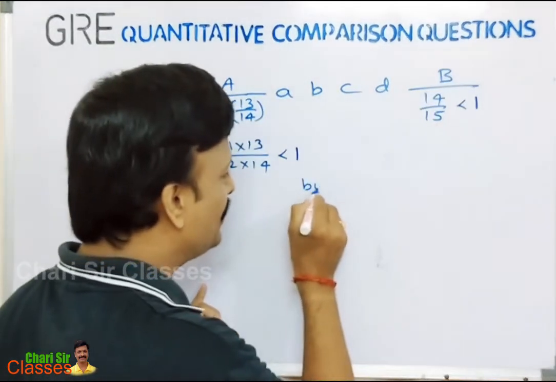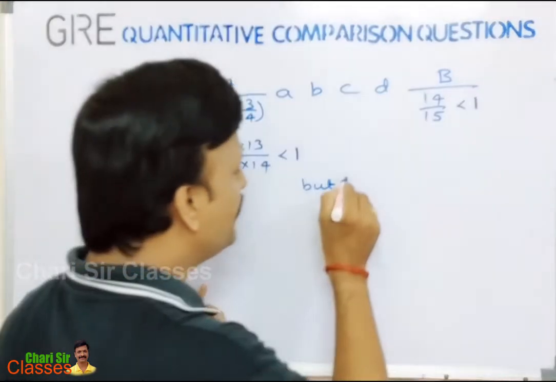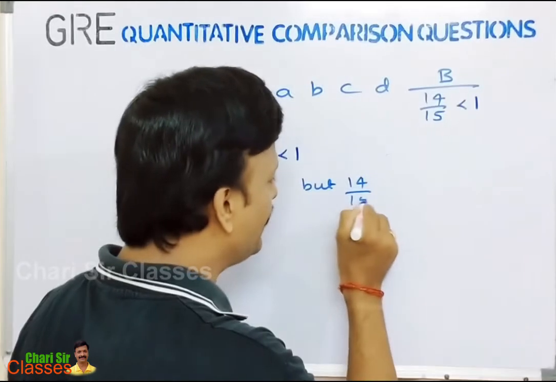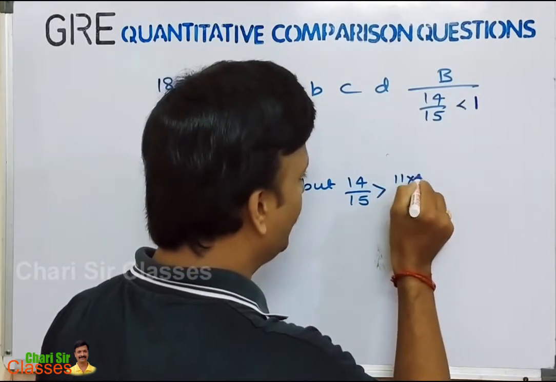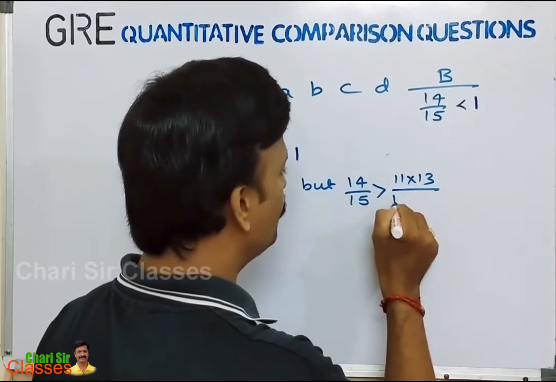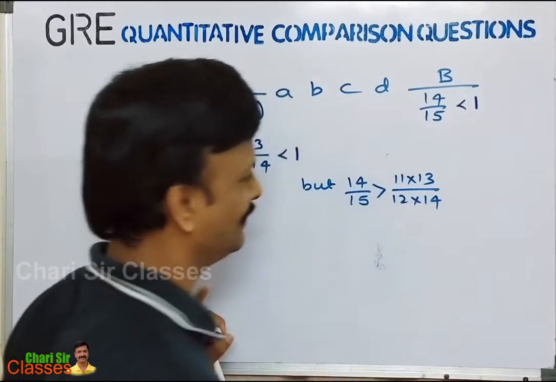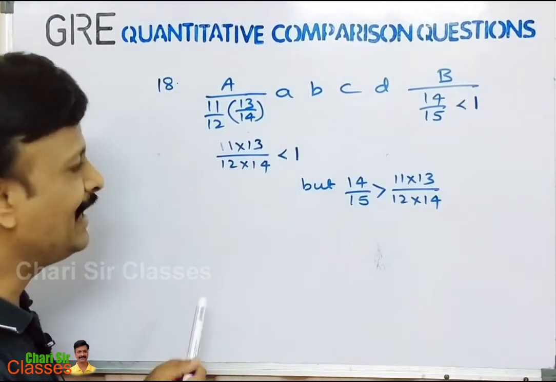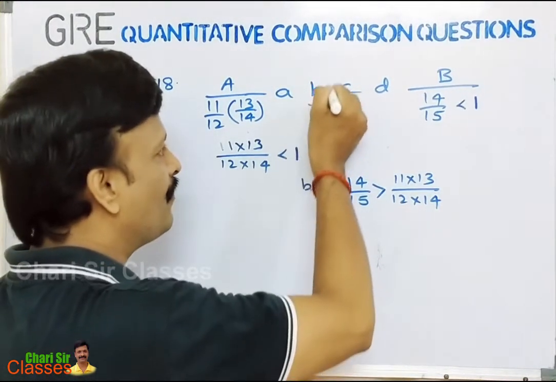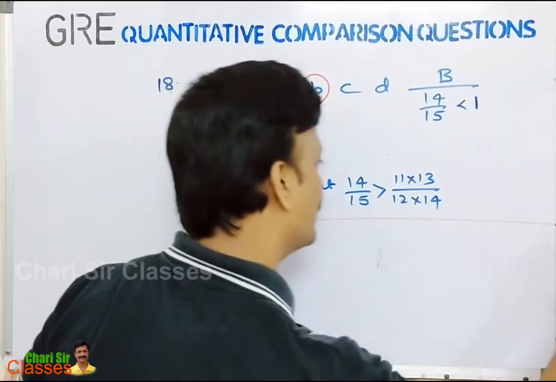But you need to observe one thing here. This 14 by 15 will be greater than 11 into 13 by 12 into 14. Therefore, quantity B is greater and quantity A is lesser. So, therefore, quantity B is the answer.